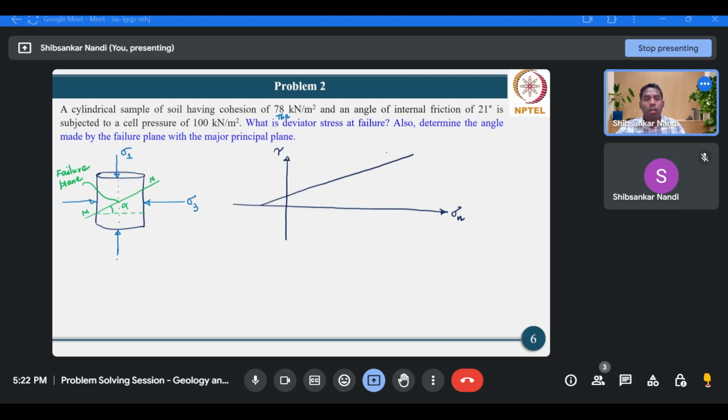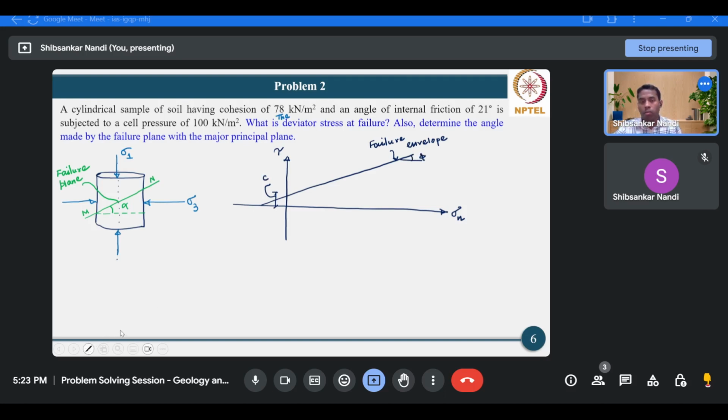This is the failure envelope, and this intercept is your cohesion, and this angle is your angle of internal friction.